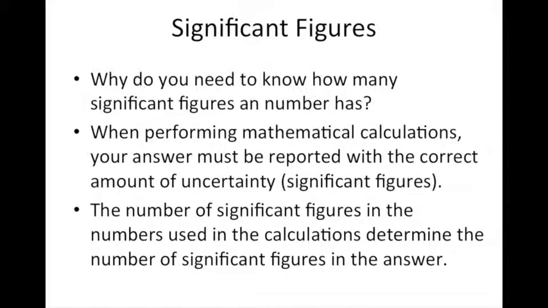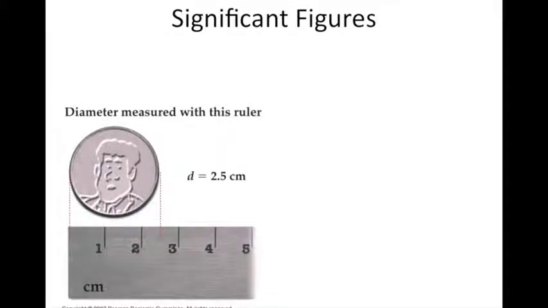So we want to look at the rules of how to determine how many significant figures an answer should have when you multiply, divide, add, or subtract measured values. So let me give you a quick example of what I mean. Let's say we wanted to measure the diameter of this coin using the ruler.